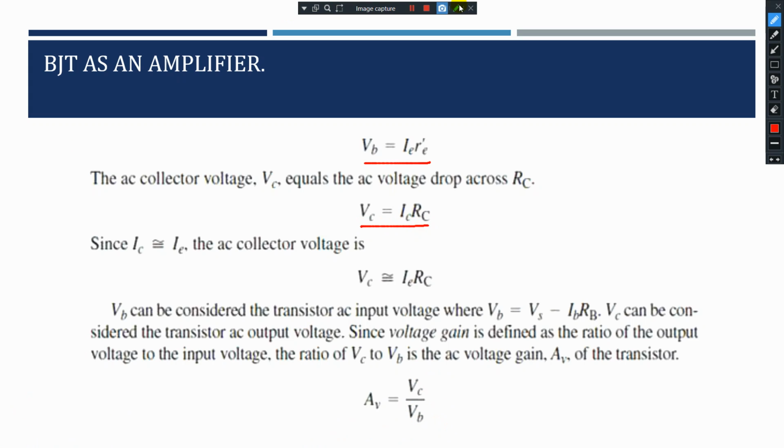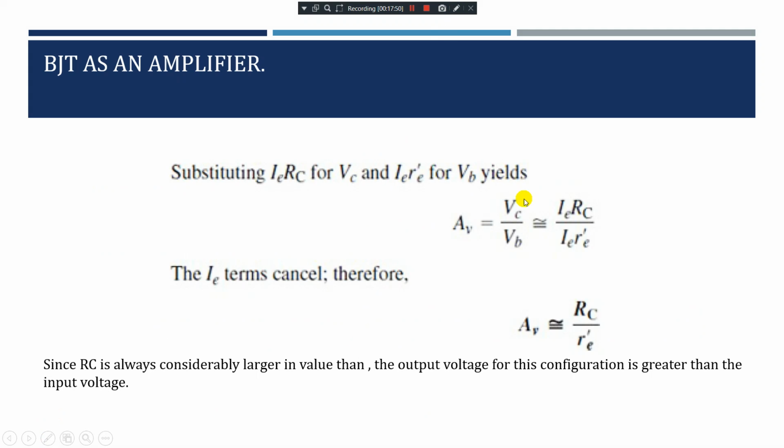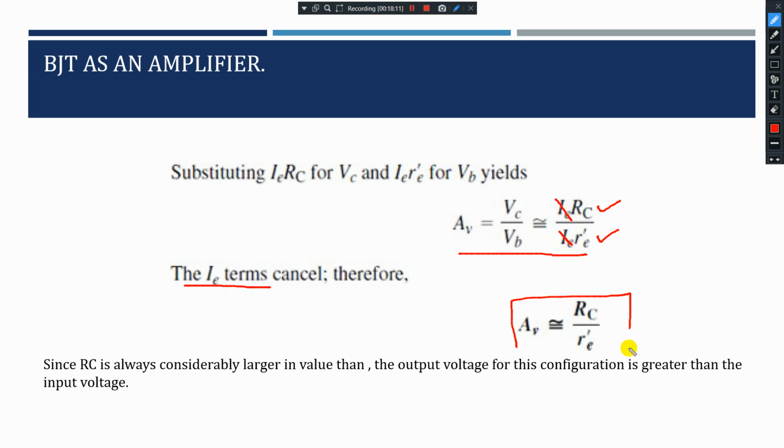Then if you replace it, the gain will be VC by VB is equal to IE into RC divided by IE into RE. Then you can see the term IE cancels. It's the same, right? So these things will cancel. Finally you will be resulted with gain RC divided by RE.